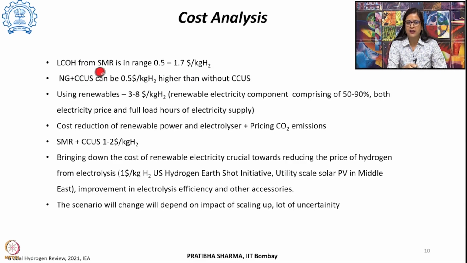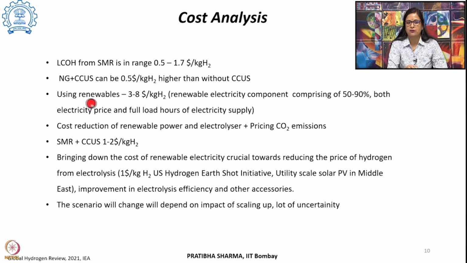If the plant is integrated with CCUS, then there is an additional increment in the levelized cost of hydrogen produced by $0.5 per kg of hydrogen, and this is higher than without the CCUS. But this price is still much lower than the cost of hydrogen which can be produced from renewables.